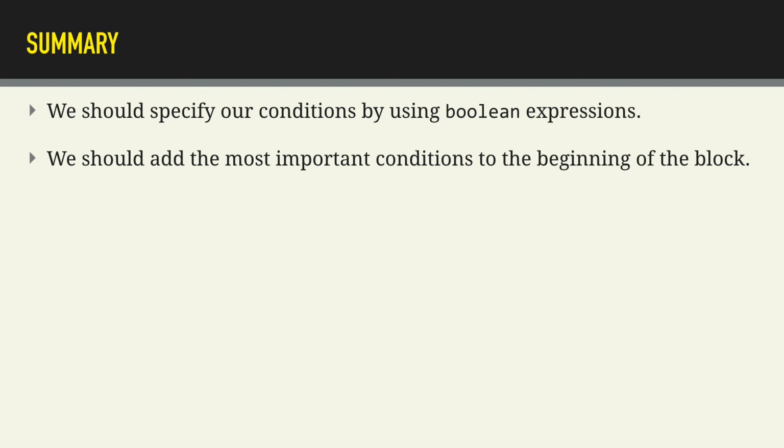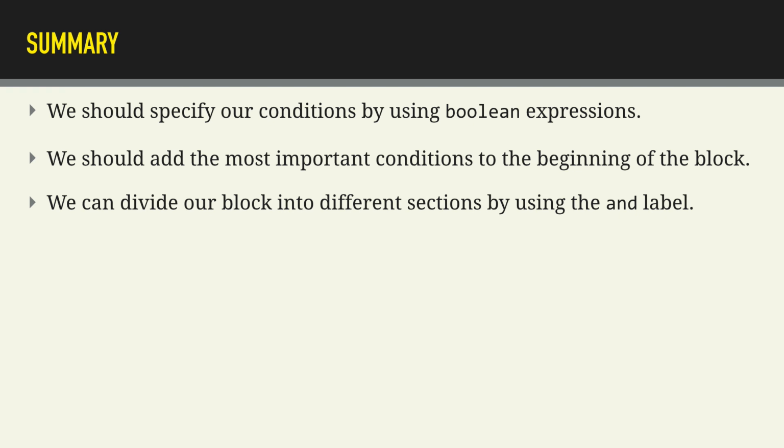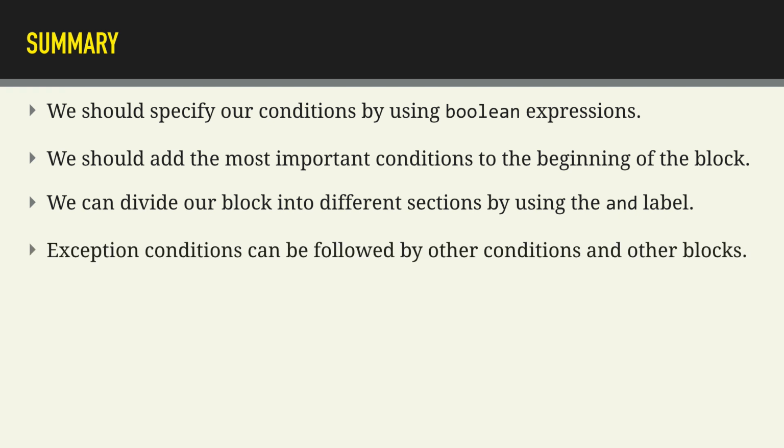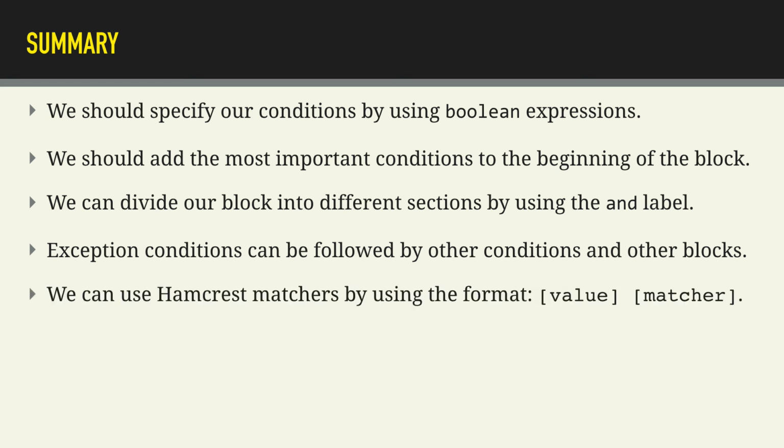If our conditions belong to different logical groups, we should divide our block into different sections by using the AND label. 4. Exception conditions can be followed by other conditions and other blocks. And 5. If we want to use Hamcrest matchers, we have to specify our conditions by using the format: object, space, matcher.